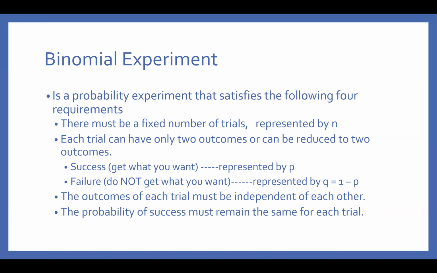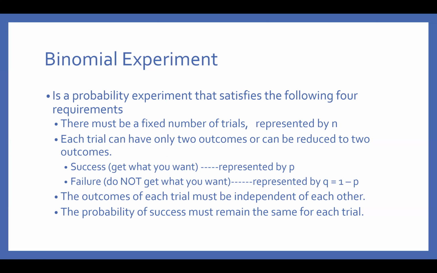The outcomes of each trial must be independent of each other, meaning what happens when you flip the coin the first time does not affect what happens the second time, does not affect what happens the third time. They're independent of each other. One does not affect the other. The fourth condition is the probability of success must remain the same for each trial.